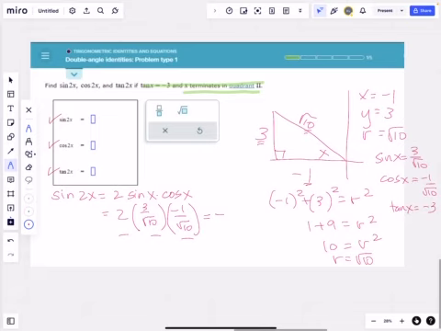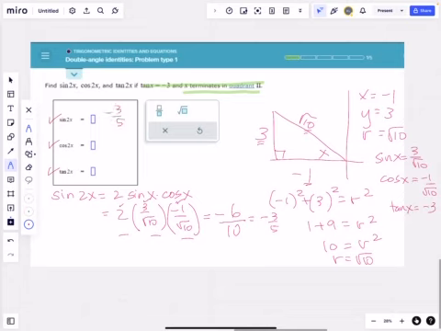So 2 times 3 times -1 is going to be -6 over our denominator, 1 times the square root of 10 times the square root of 10, which is just 10. And so we end up with an answer of -3/5. Okay, and so that would be what goes here.